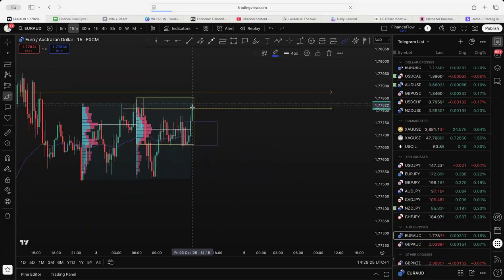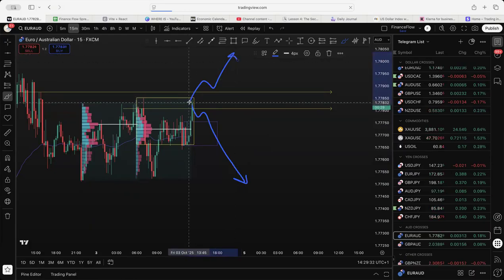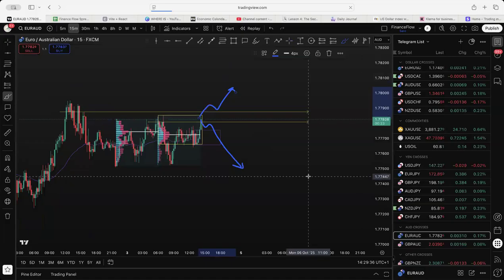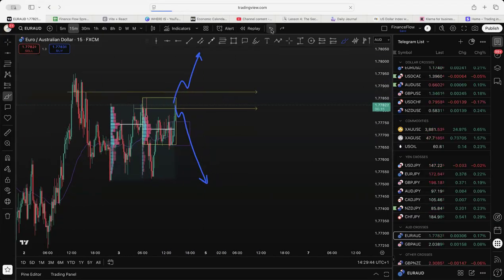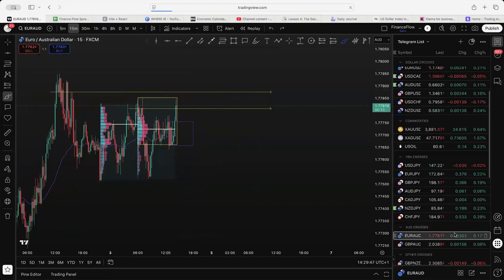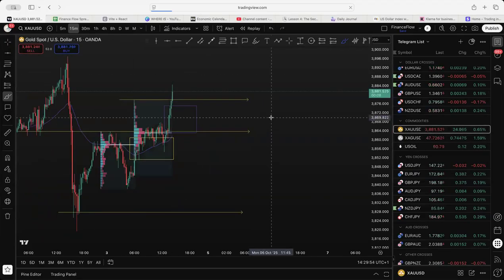Either this holds and we get something like this, or this breaks and we get something like this. If we're breaking above, then your euro is going to be ever so slightly stronger. This would favor a slightly stronger dollar because it will be against Aussie. Whereas coming to the downside would favor a slightly weaker dollar.